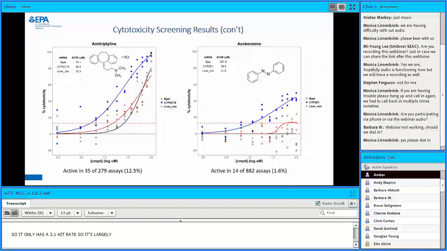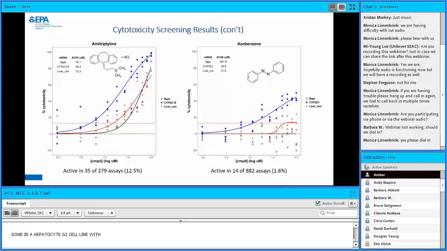Amitriptyline has a little bit higher hit rate, 12.5%, but it's interesting to note that half of those assays in which amitriptyline is active were in the ToxCast Attagene platform, which was done in a HepG2 cell line with what they call its proprietary enhanced metabolic capability.